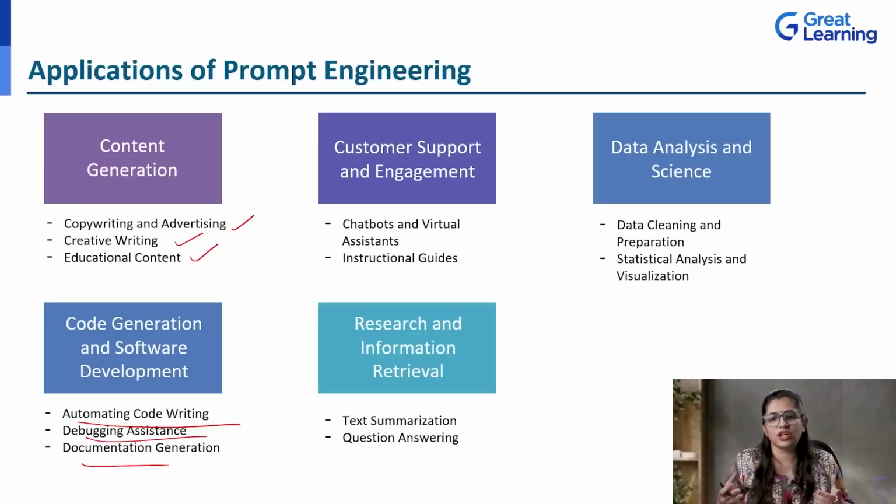Next is research and information retrieval, for example text summarization, question answering, anything and everything. You can give links as context and say, okay, these are the specific researches done in this field. Based on this, give me your hypothesis. What next can be done?